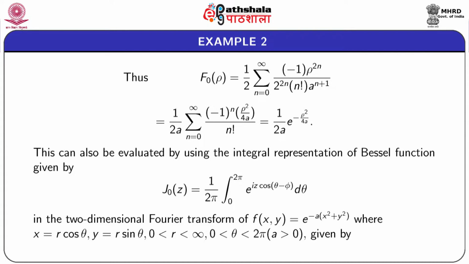This can also be evaluated by using the integral representation of Bessel function, given by J0(z) equal to 1 by 2 pi integral 0 to 2 pi e to the power i z cos(theta minus phi) d theta, in the two dimensional Fourier transform of small f(x, y) equal to e to the power minus a (x square plus y square), where x is r cos theta and y is r sin theta, r lying in the interval 0 to infinity and theta in the interval 0 to 2 pi.